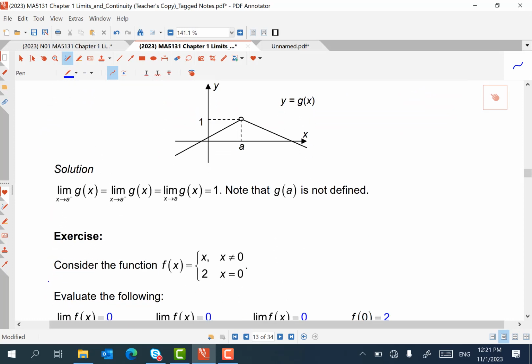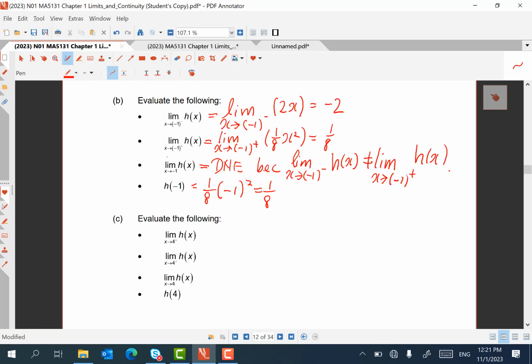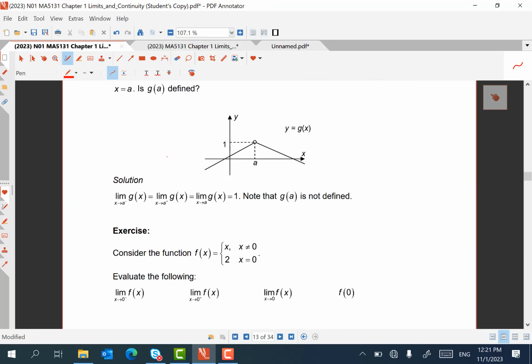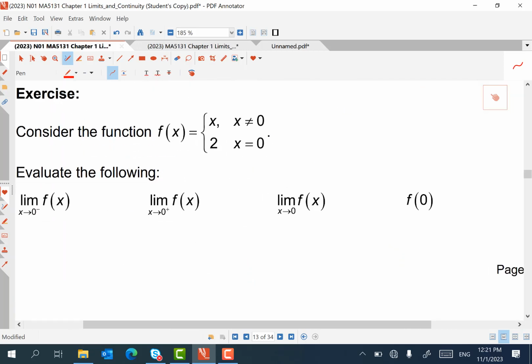Now the exercise. Can you try this exercise?